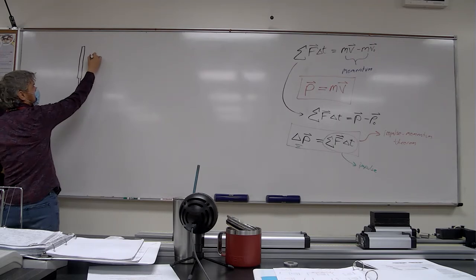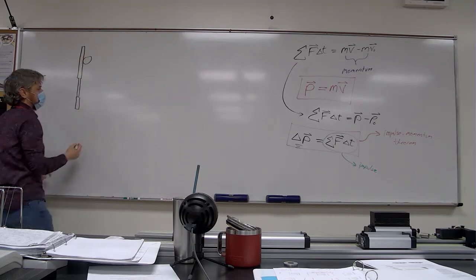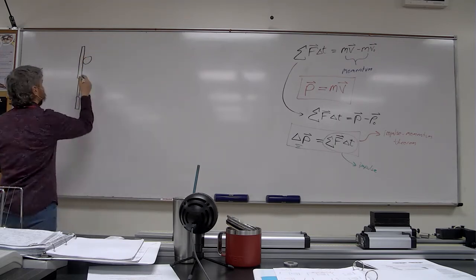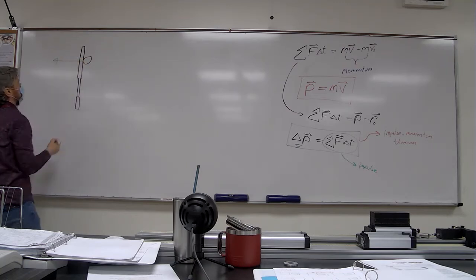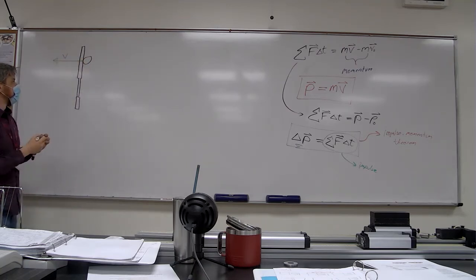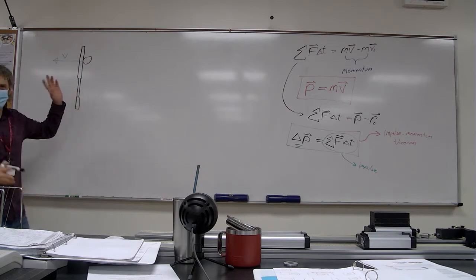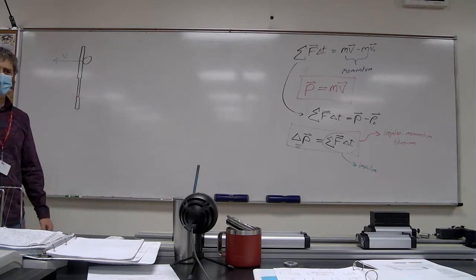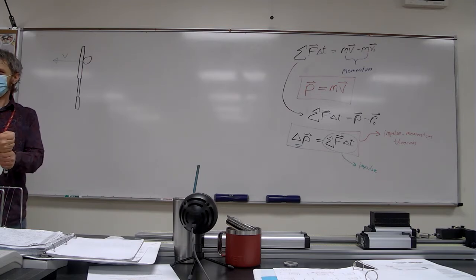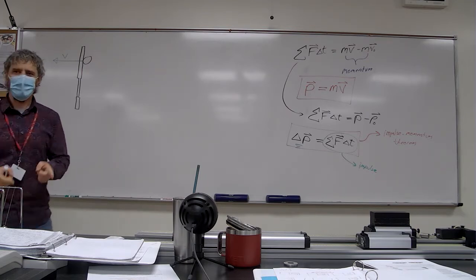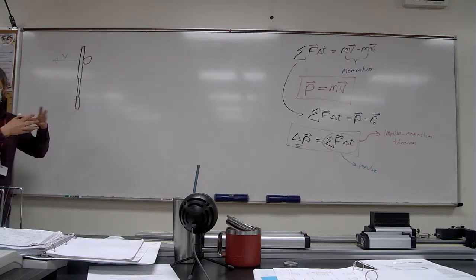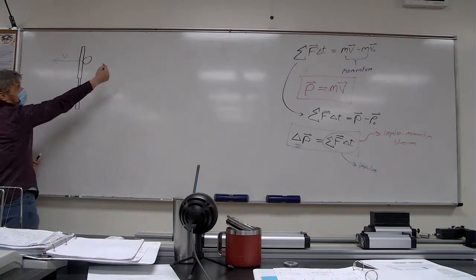Right before it gets hit, the ball is moving this way with some speed v. And just for the sake of simplicity, let's say we have the tennis racket held there by some arm that's holding it nice and tight, and we just shoot a tennis ball at it out of a launcher, this way.